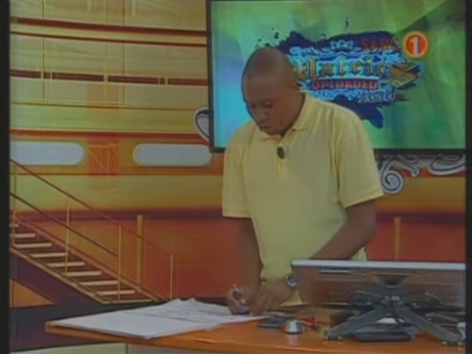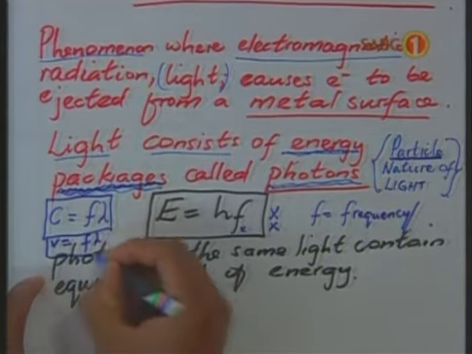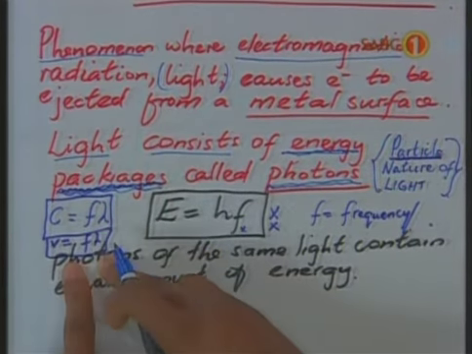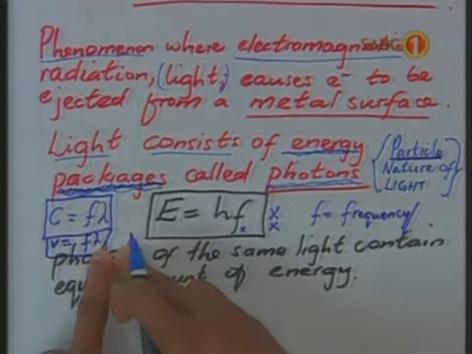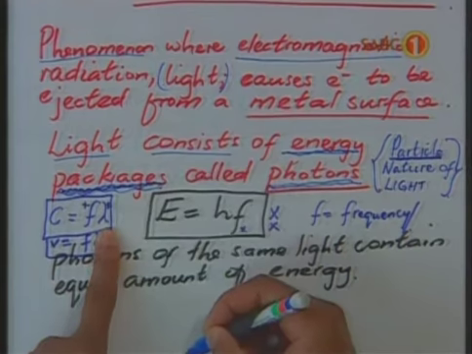Now, when we talk of light as a wave, when we look at c equals f lambda, you would know that we're in fact using v equals f lambda, but v and c are the same. I will come back to why we're using c here. When we use the wave equation, we are saying that light has got a wave nature. What brings them together is that we're talking frequency and wavelength lambda.